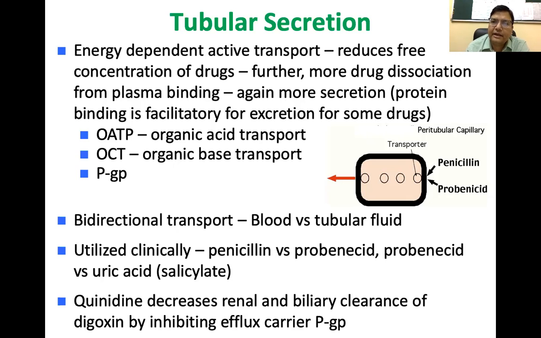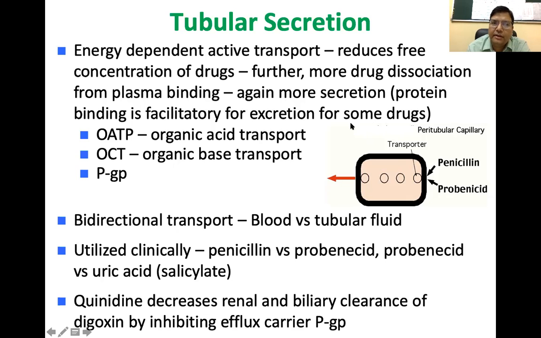So the free drug concentration will fall in the blood vessels adjacent to the loop of Henle. So more of the drug which is bound to the plasma protein will dissociate. Due to this dissociation, again more secretion of the free drug will occur.